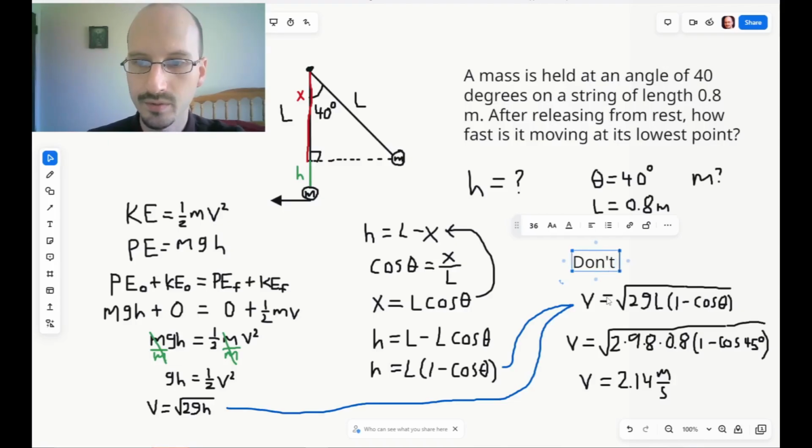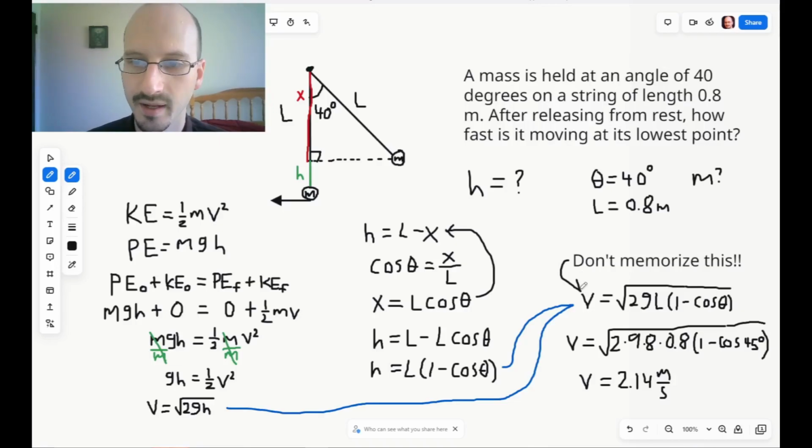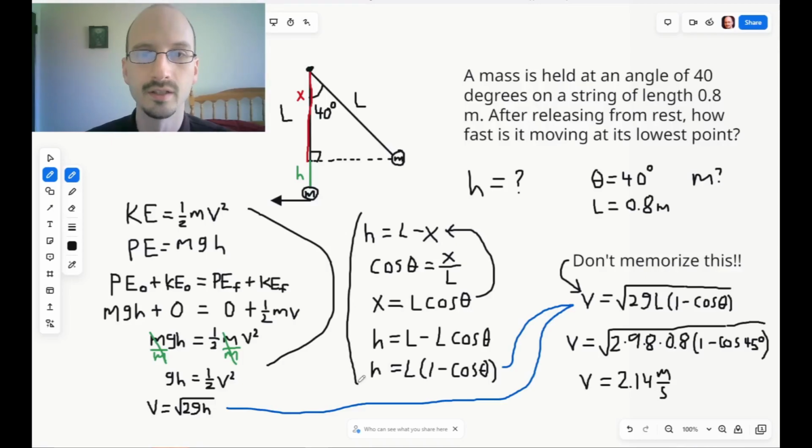Again, don't memorize this part. Don't memorize this expression, because this expression is only valid for this specific problem. When you use other problems, you have to go through the conservation of energy. You have to do the geometry yourself. This is the important part.